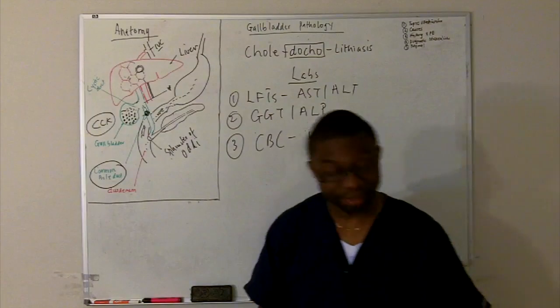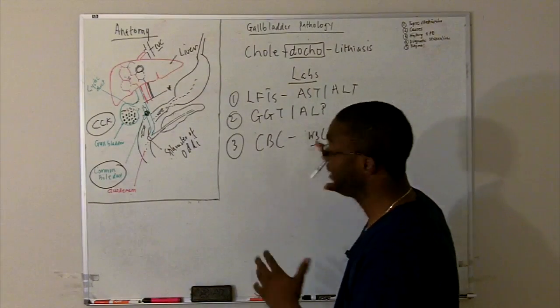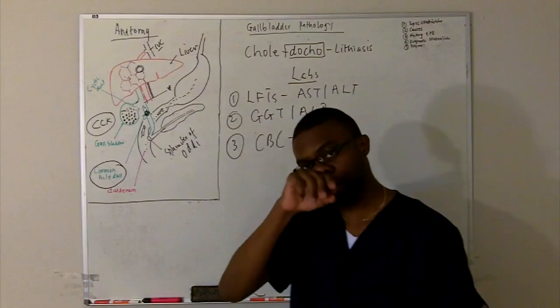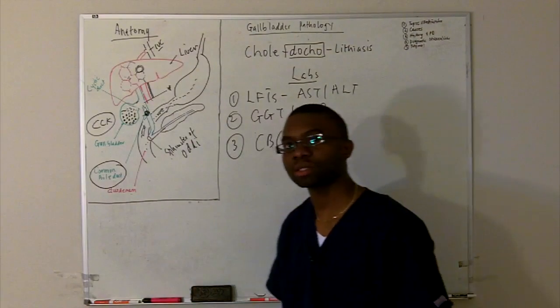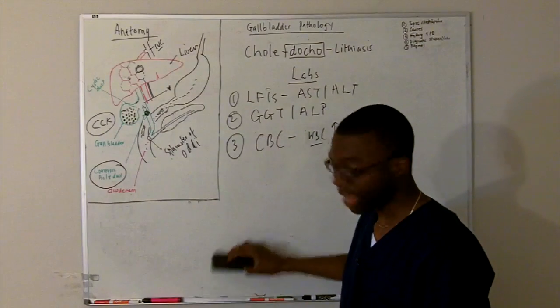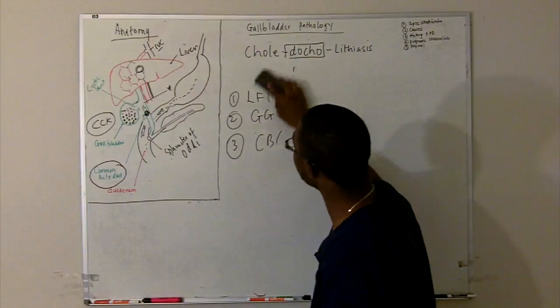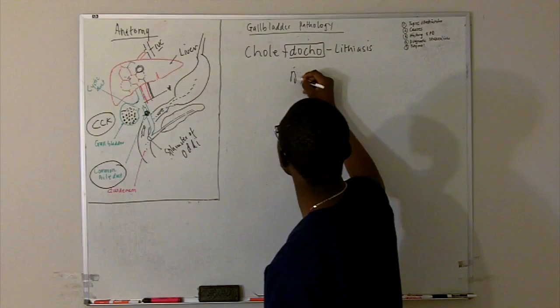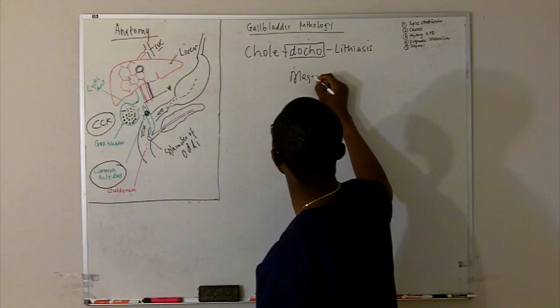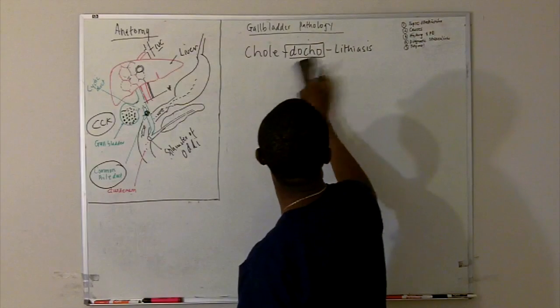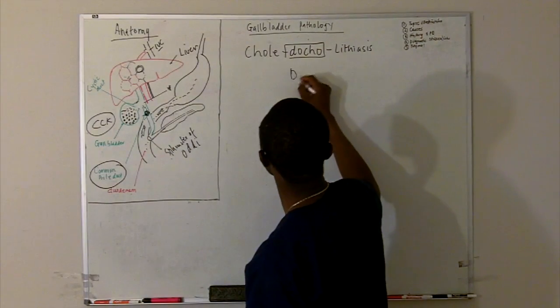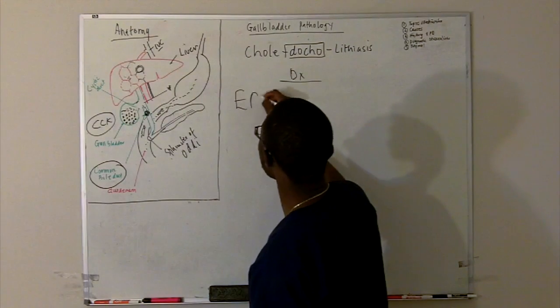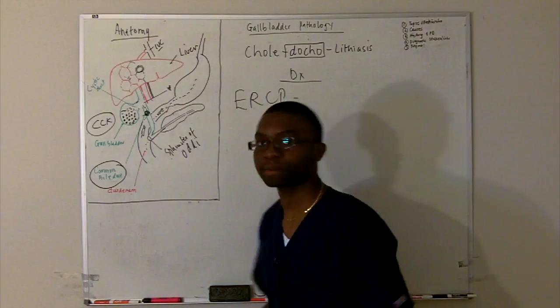Now, after we order that, and we know definitely this is a gallbladder pathology, how do we make the diagnosis? The diagnosis and the treatment are pretty much the same. Let's do this. Diagnosis: ERCP, right?